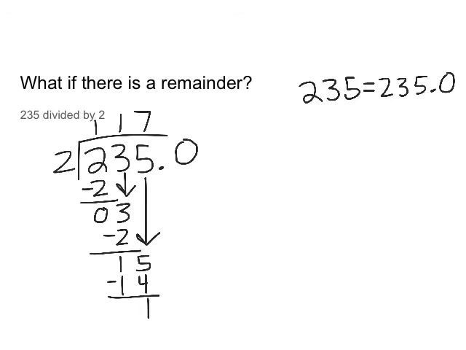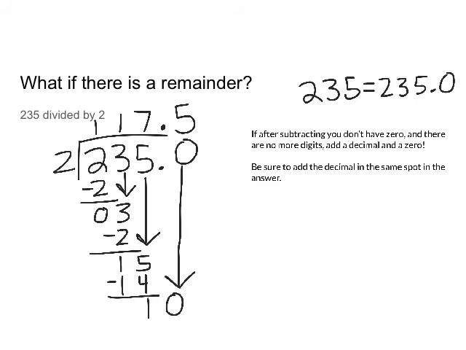Those are the same thing, right? They're just written a different way. So then I can bring down a 0 to do 2 goes into 10 5 times. I just need to make sure to put my decimal in the right place when I do it. Just be absolutely sure to add the decimal in the same spot in the answer.